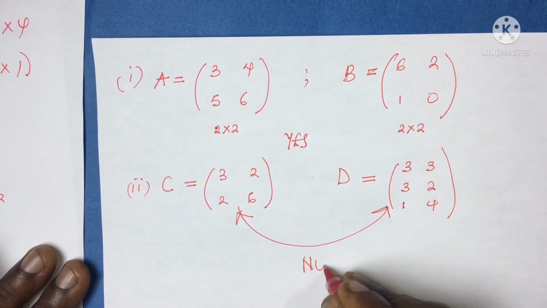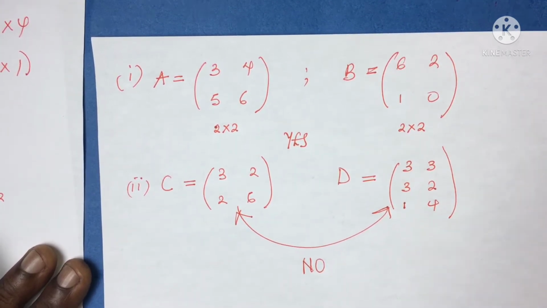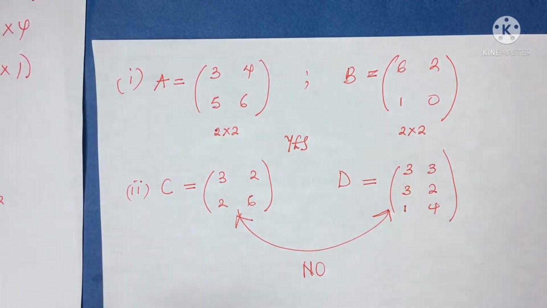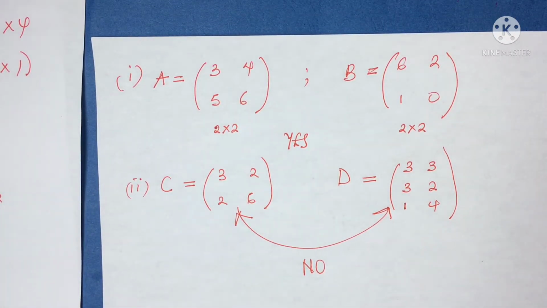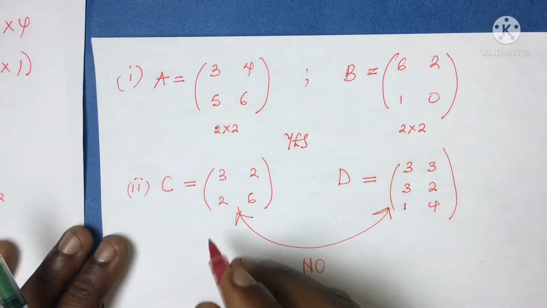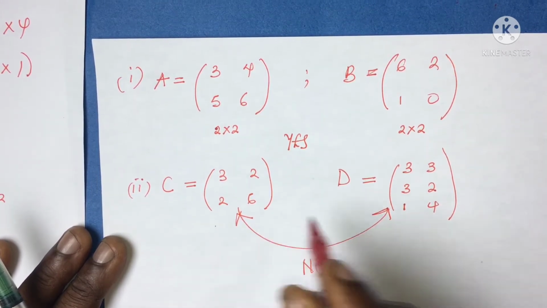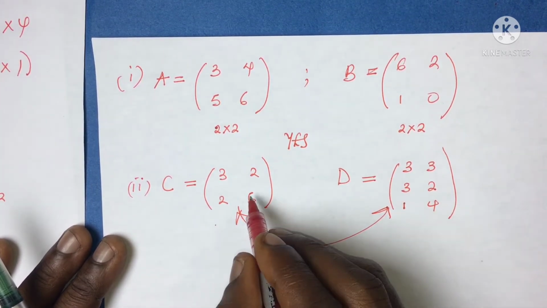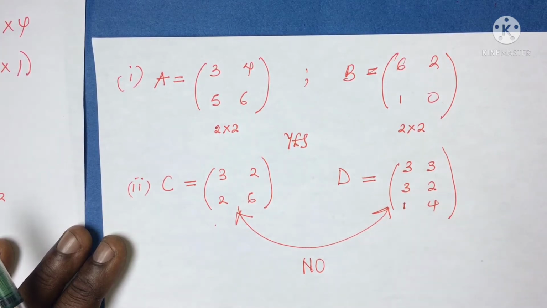The answer is a big no. They cannot add to each other, simply because the two matrices are not of the same order. They can only add one to another if they are of the same order.